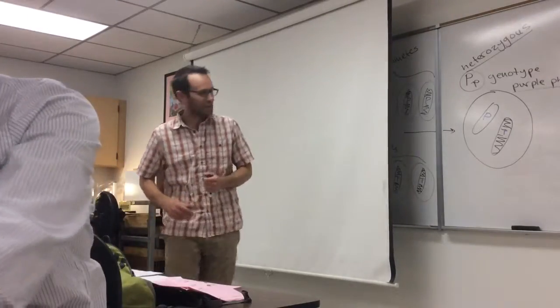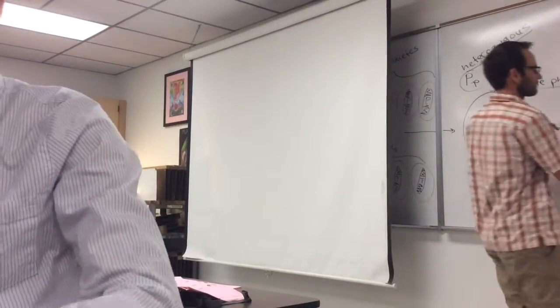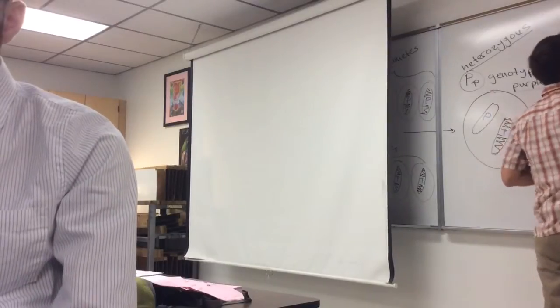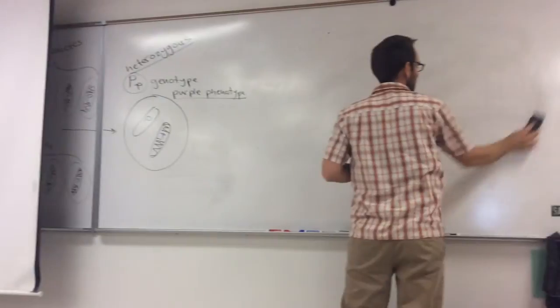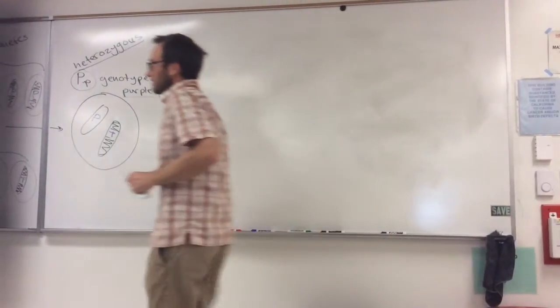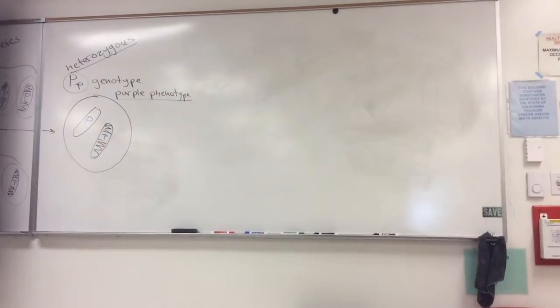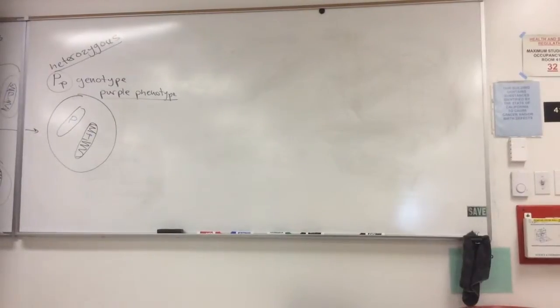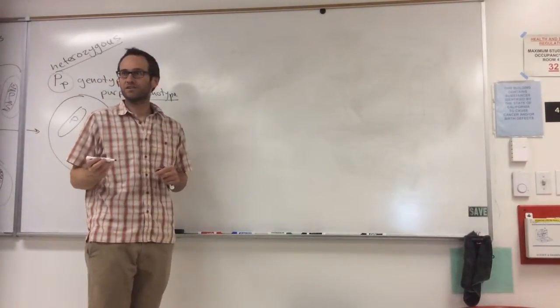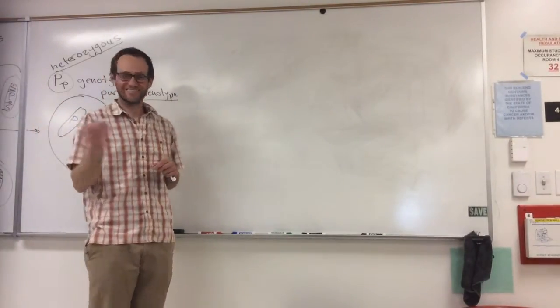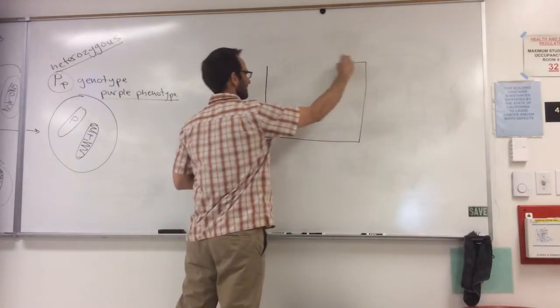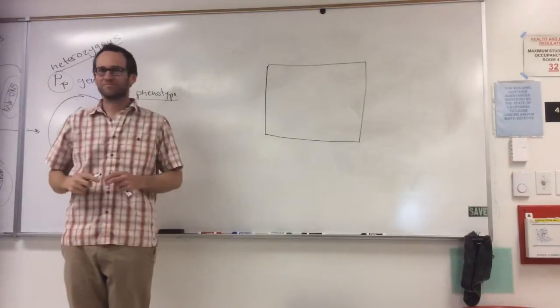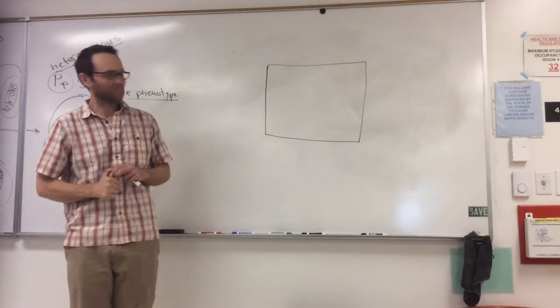And so in the Punnett square, this is what you do. You first draw a square. Seems reasonable. It's a good start. Pretty good square.